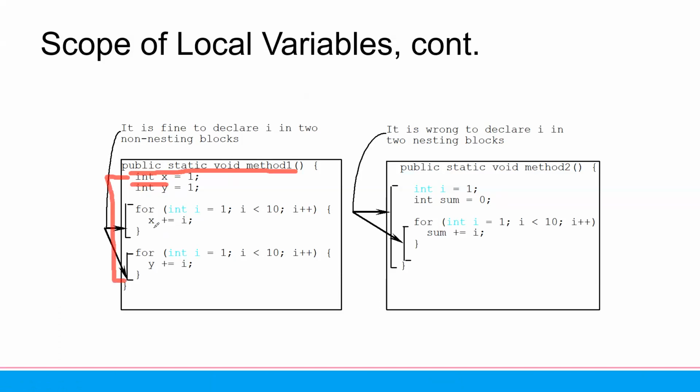So you can use X plus equal I. And now I define Y, so I can use Y from this section until the end of the block. So I can use Y here.